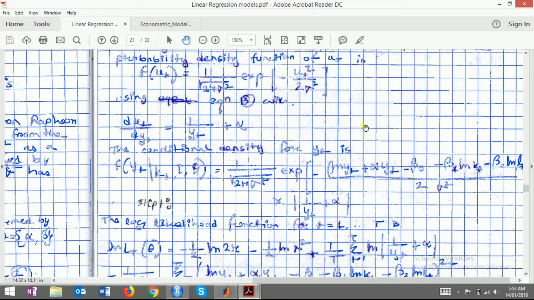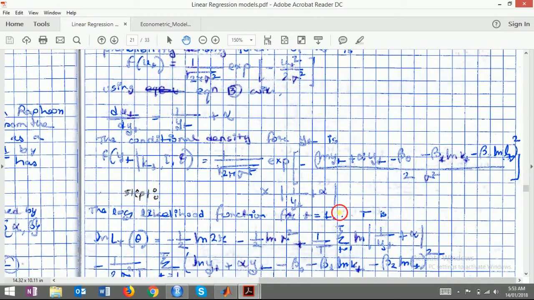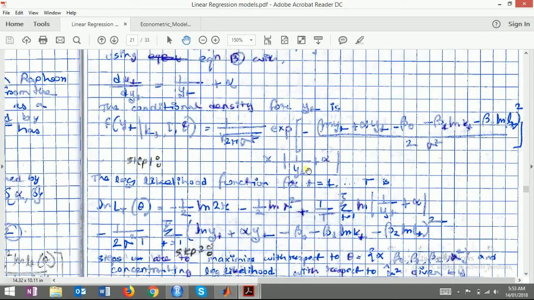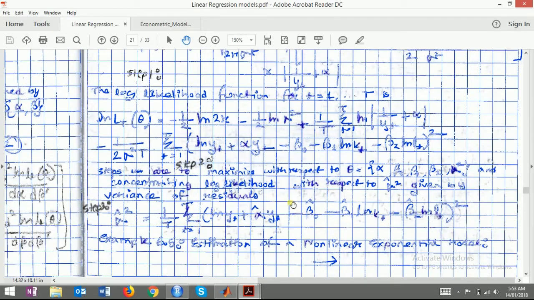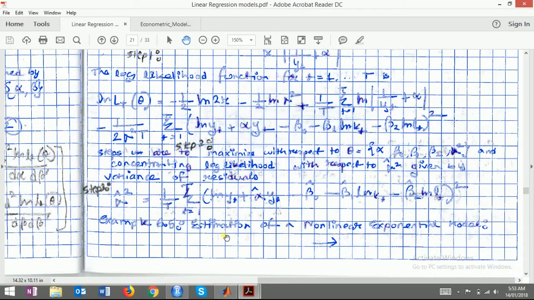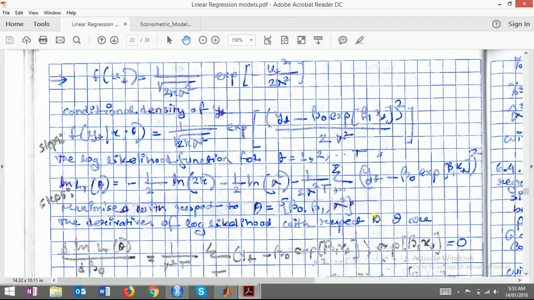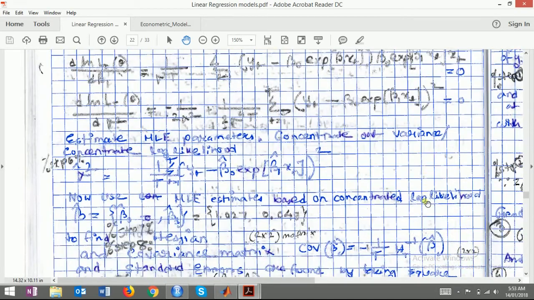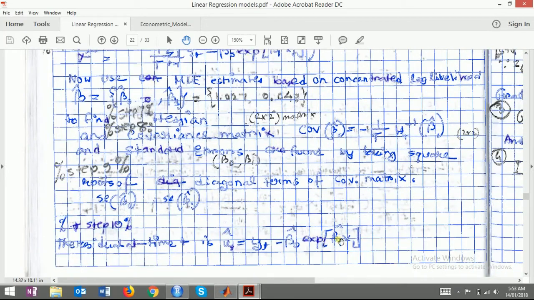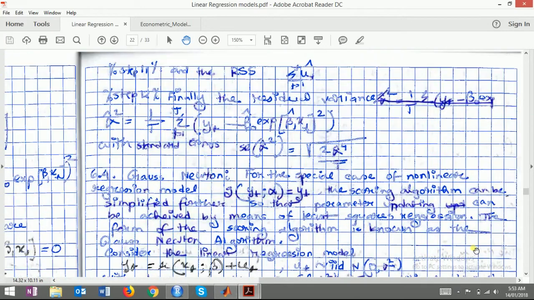We took the differentiation on this. Then we concentrated out the conditional density function from the linear. So we did quite a lot of stuff here. We need to borrow some of the steps from here, I guess, to solve this problem. So have a look.